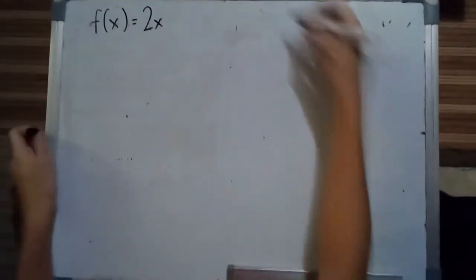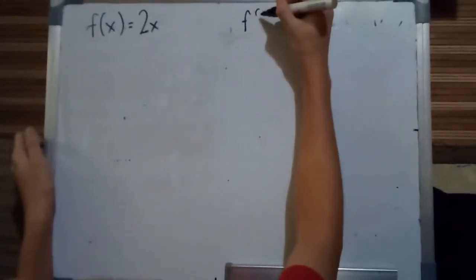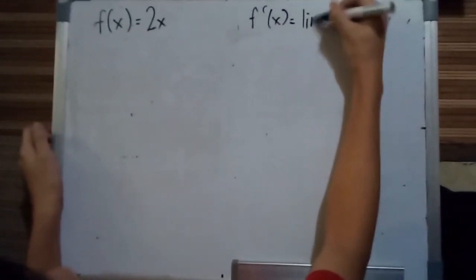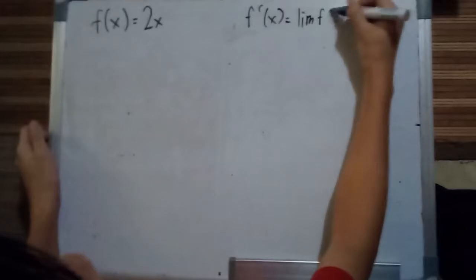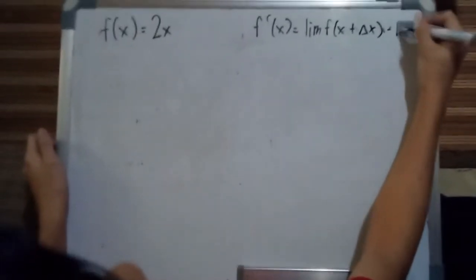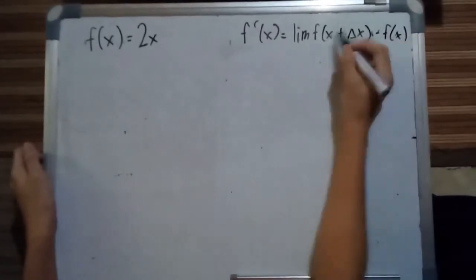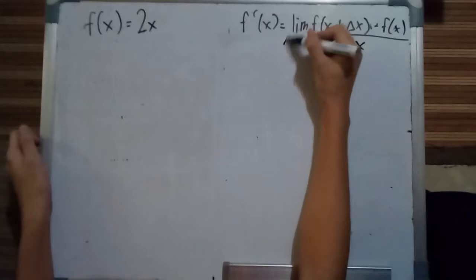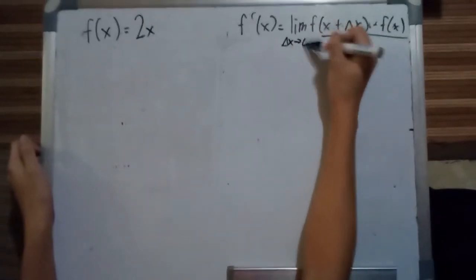To find the derivative of the function 2x, we use the formula f prime of x equal to the limit of f of the quantity x plus delta x minus f of x all over delta x as delta x approaches 0.